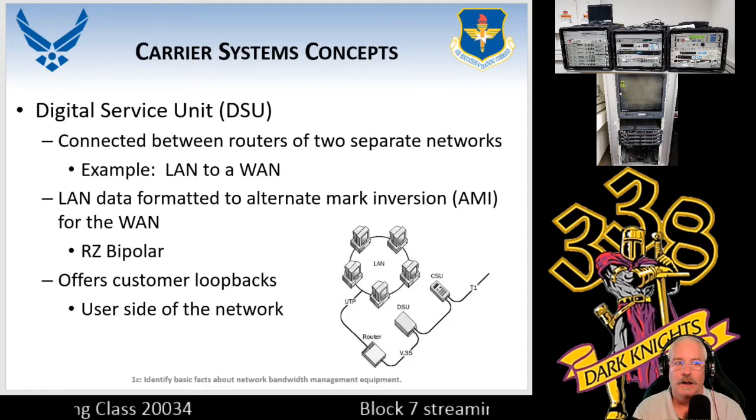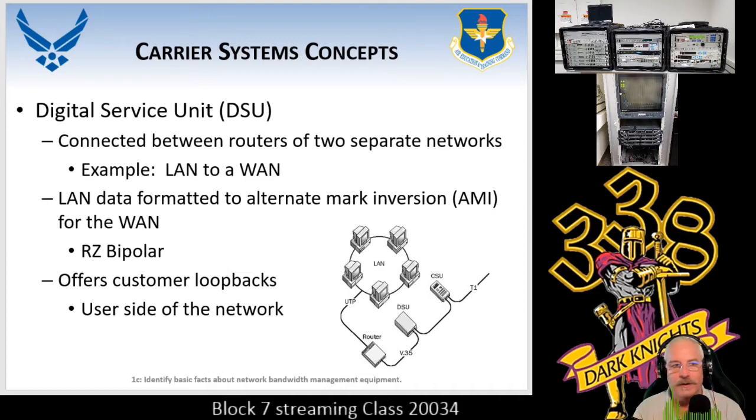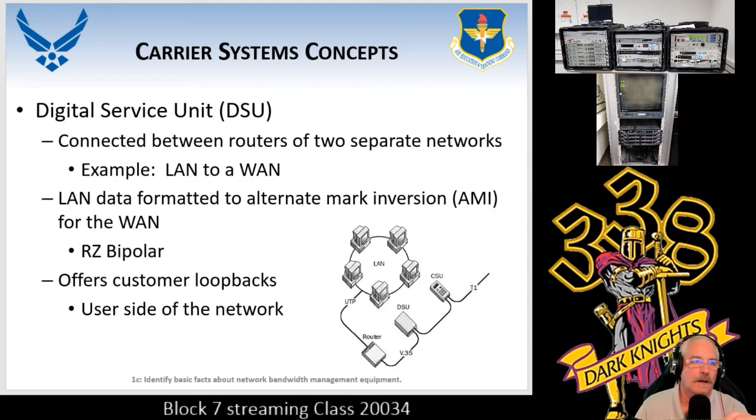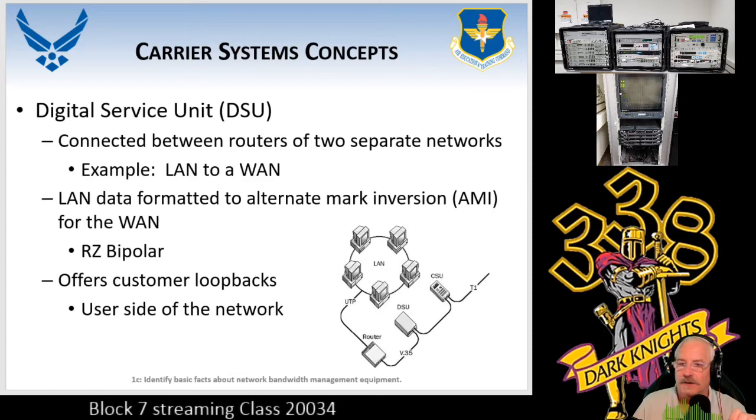DSU looks at the customer side of the network. Customer side, the user, the computers that's in, let's say, your business or the dorm there. DSU. It is considered alternate mark inversion, better known as RZ bipolar. It is not self-clocking.